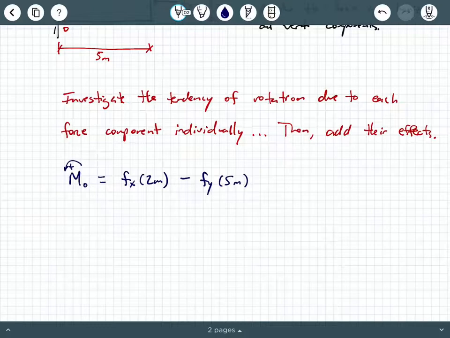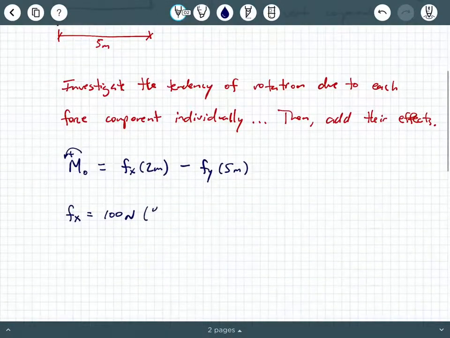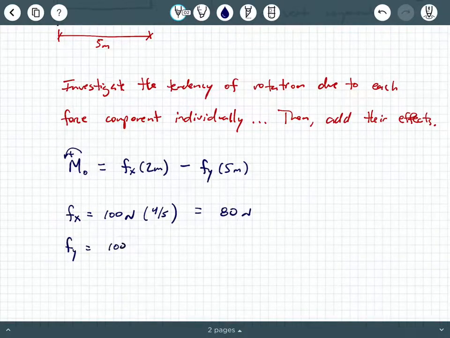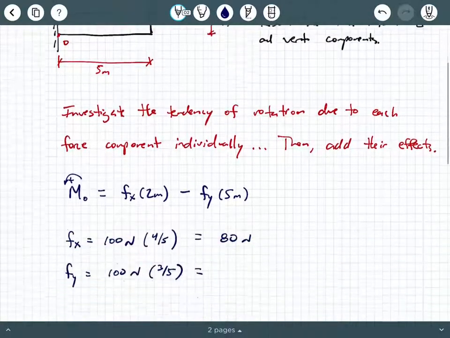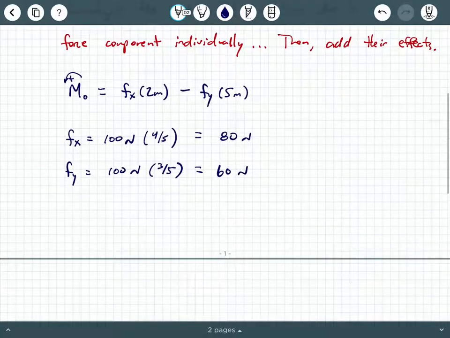Now, the question is, how do you get Fx and Fy? Well, of course, F sub x is going to be 100 newtons times 4/5, which is going to be 80 newtons. And then the y component is, of course, 100 newtons times 3/5, which is 60 newtons.